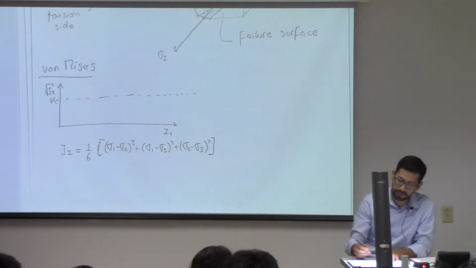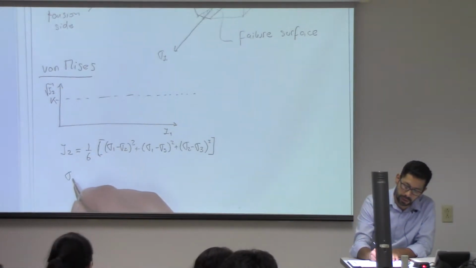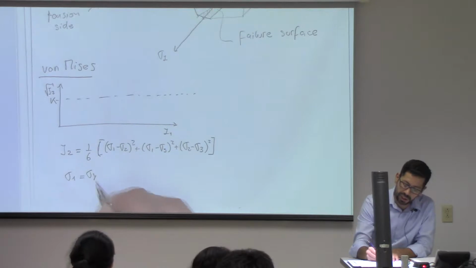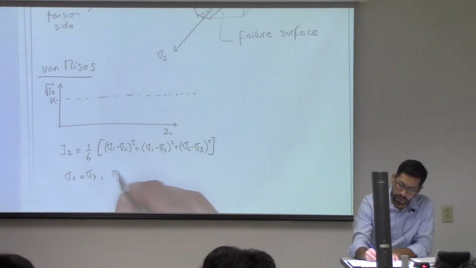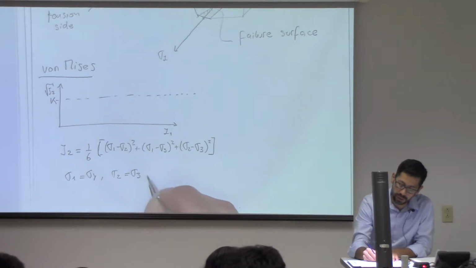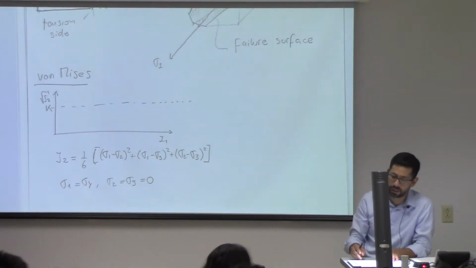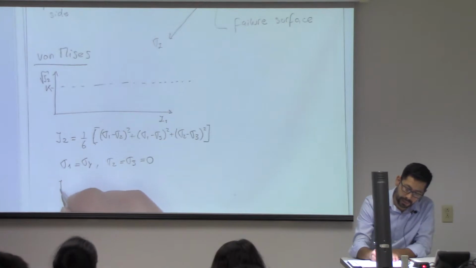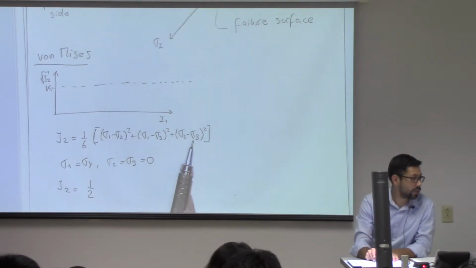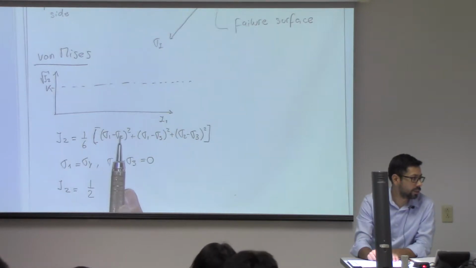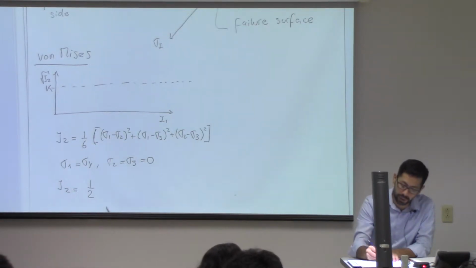If you were to do, for example, a test in which you get to the yield stress in sigma 1, and sigma 2 is equal to sigma 3 and equal to 0, as in a typical tension experiment, then J2 will be 1/6. This is going to be 0, and this is going to be 2 sigma 1 squared, right?